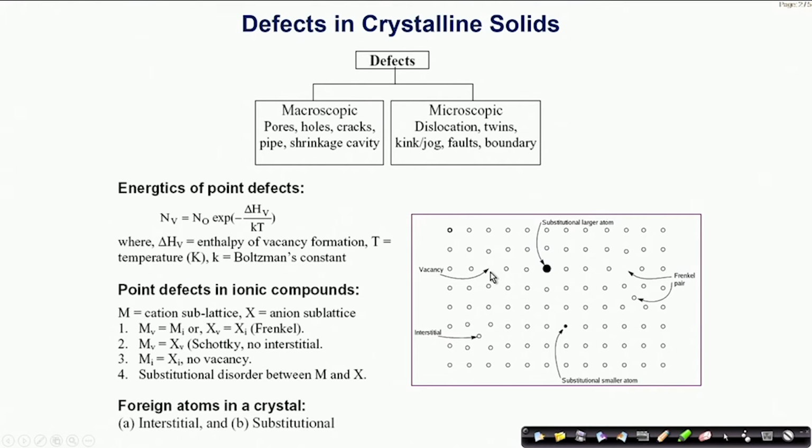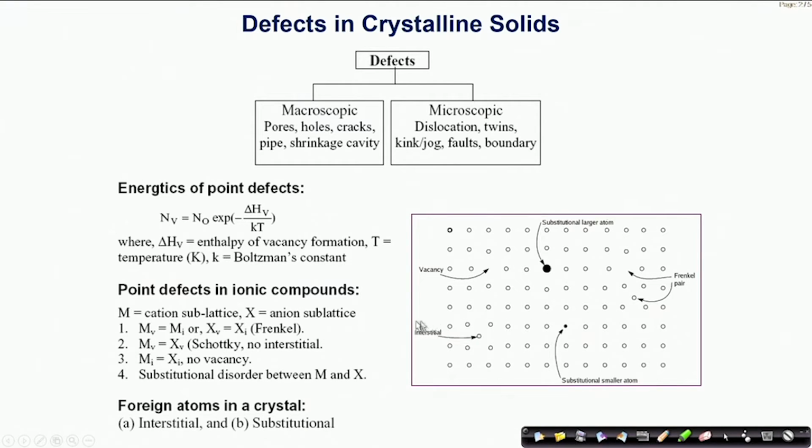If a foreign atom is smaller than the lattice atom, much smaller, then it can find its way into the lattice, not occupying a usual site, but going into an unusual position, in other words not a very regular position, and we call this an interstitial position.